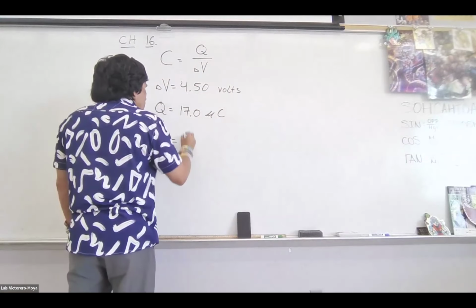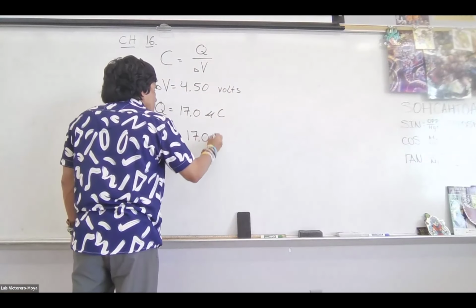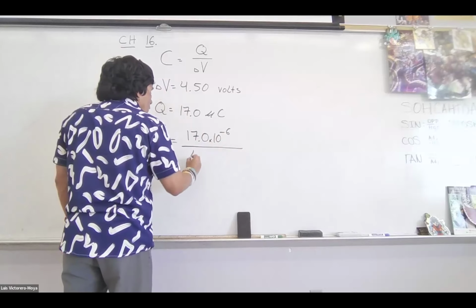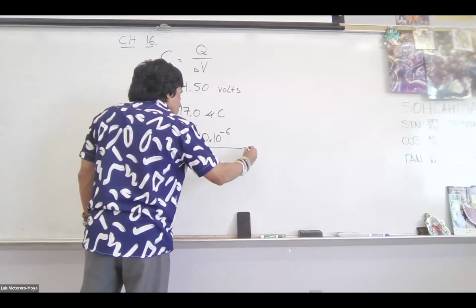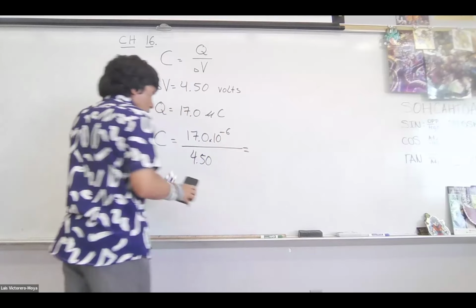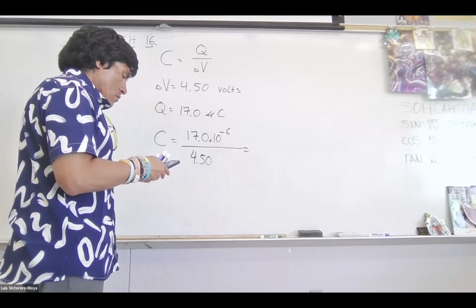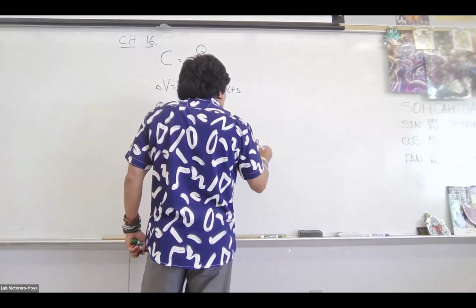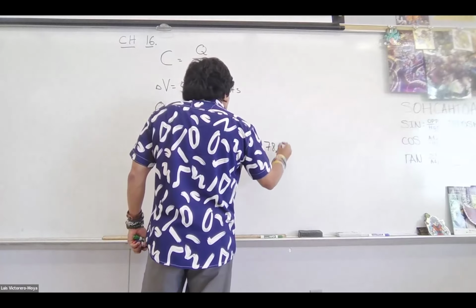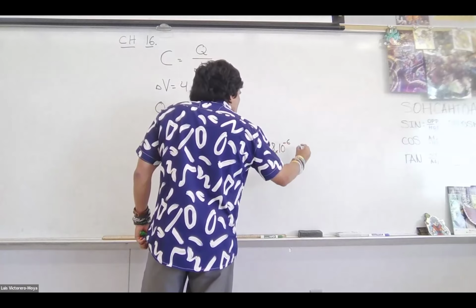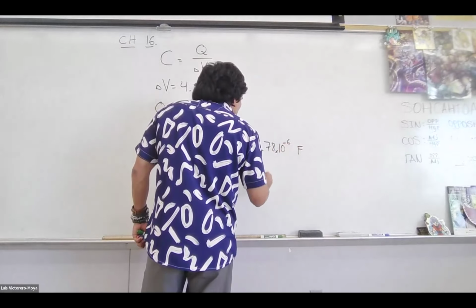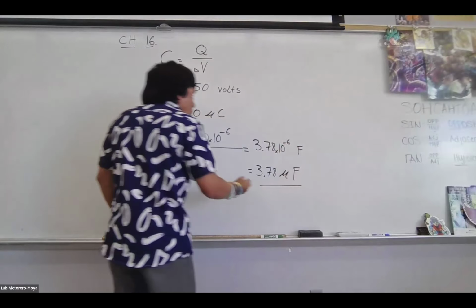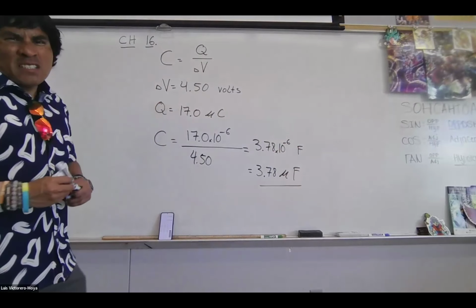C equals 17 microcoulombs, don't forget 10 to the negative 6, divided by 4.50. That's 3.78 times 10 to the negative 6 farads, which is 3.78 microfarads. Easy. That's an easy problem.